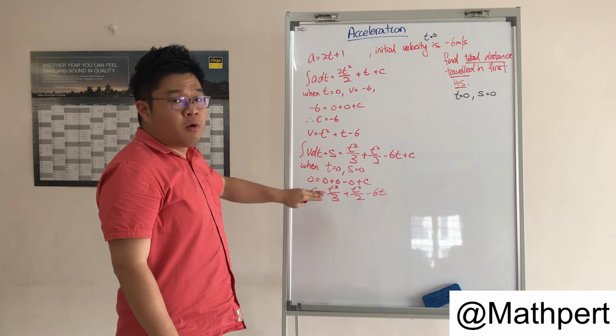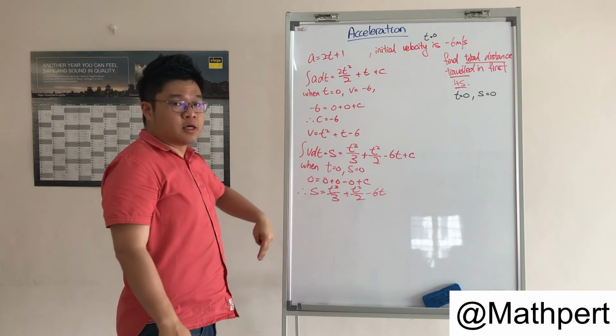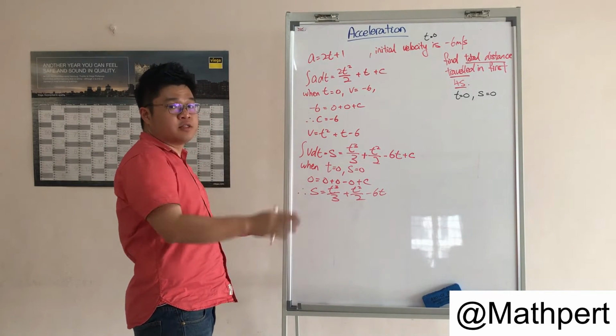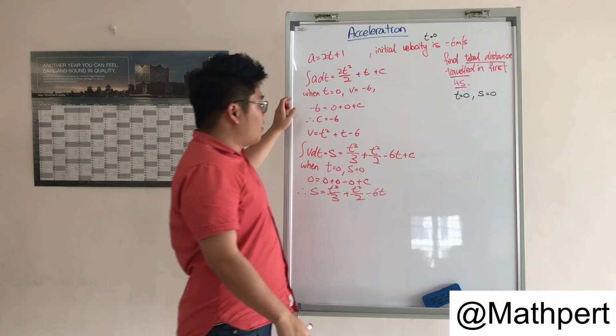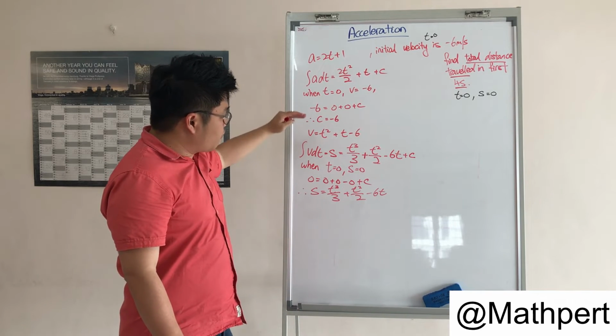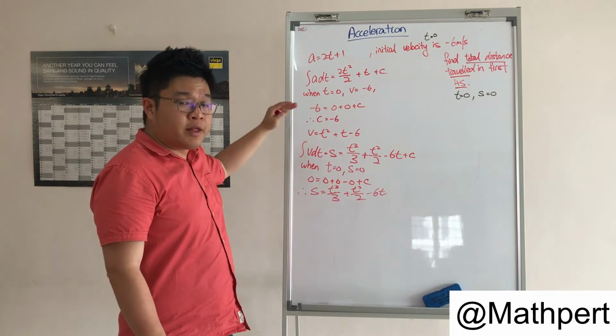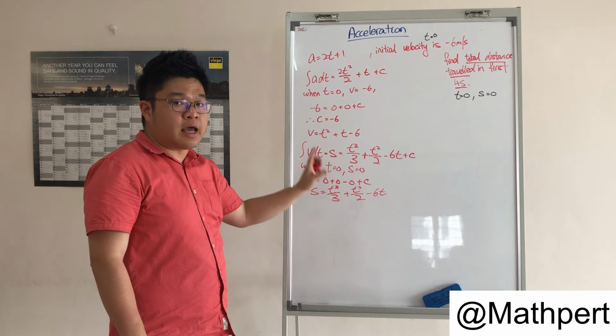And let's find out when the particle makes a U-turn, meaning travels in a different direction. So how do we find it? Let's say v = 0, meaning when the velocity is 0, the particle is instantaneously at rest.